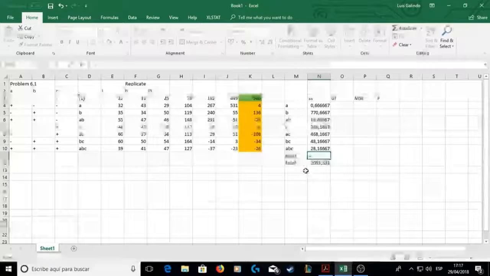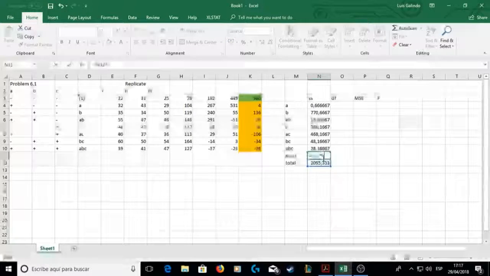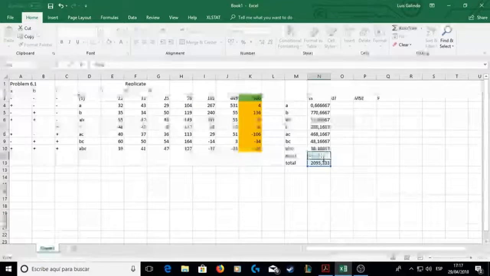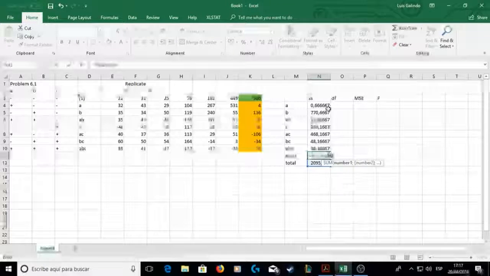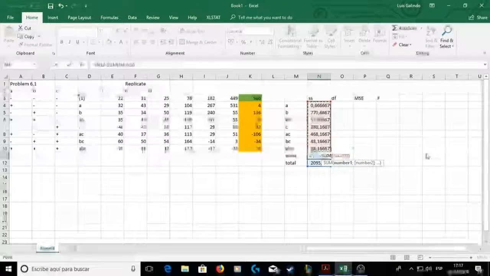The error is just this minus the sum of these ones.